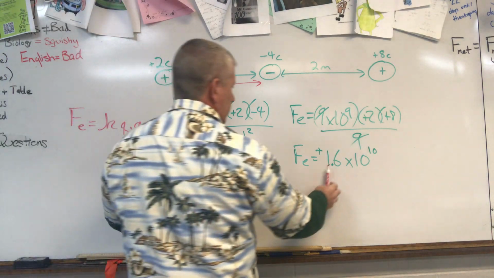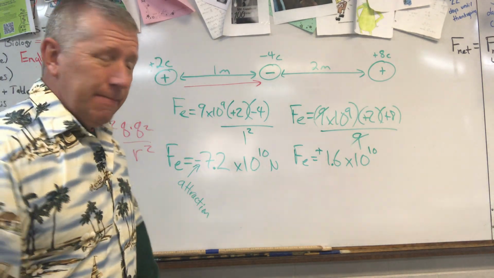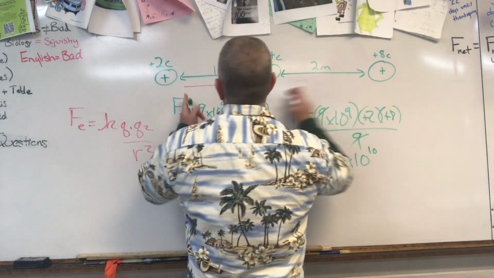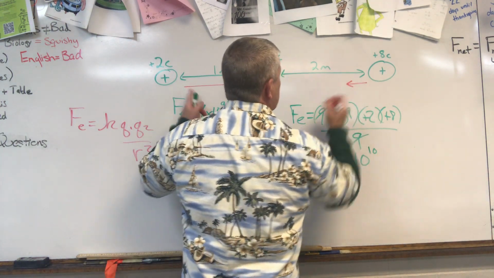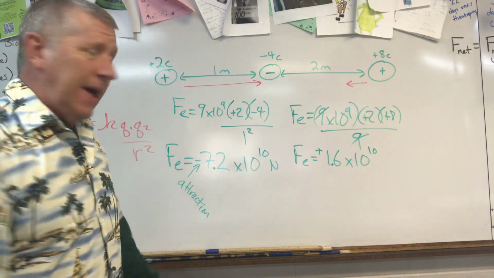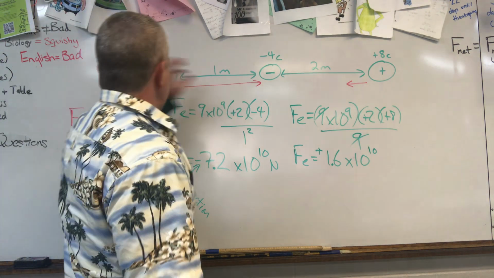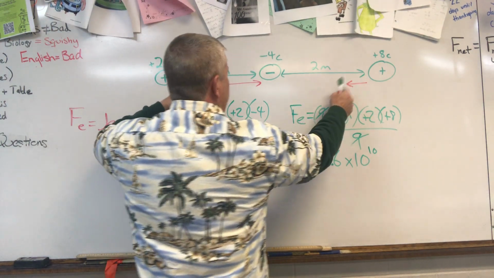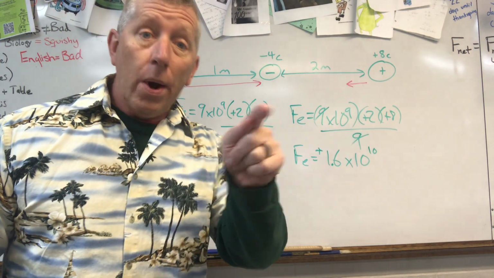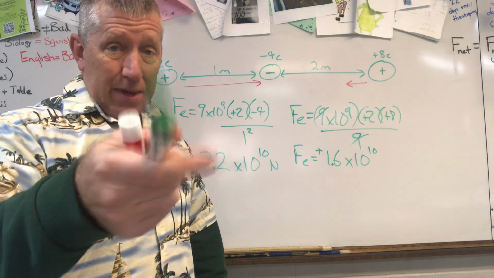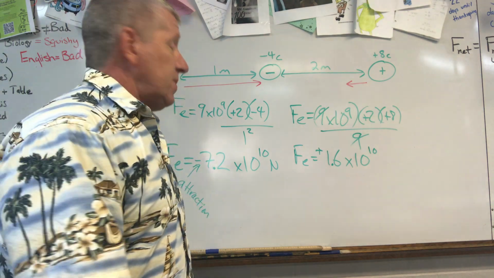So 7.2 is a little bit more than 4 times greater than 1.6. So that means this is smaller by about that amount. So, okay, now what? Well, the reason I did that is this is an attractive force on me. This is pushing me away. Those two vectors are opposite each other. What do we do with vectors that oppose each other? We all remember from way back in the day on vectors that we subtract them.